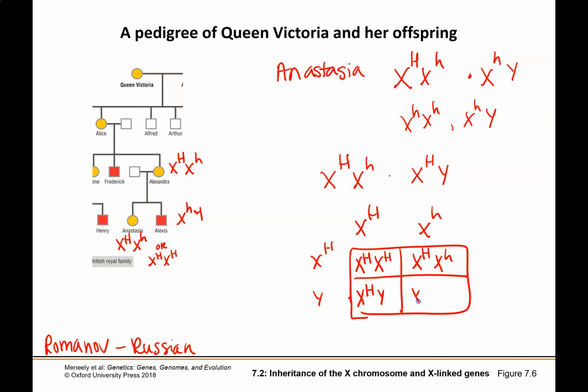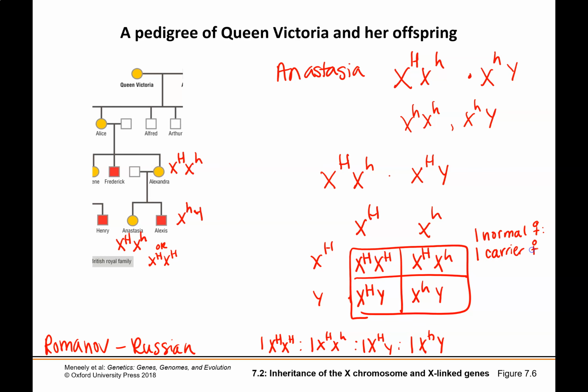Normal male and colorblind male. So again, we have the 1 to 1 to 1 to 1. And again, this is 1 normal female to 1 carrier female.